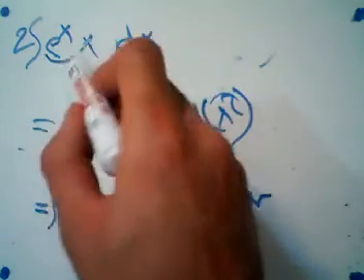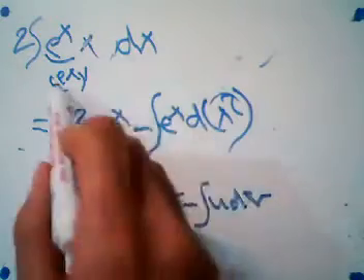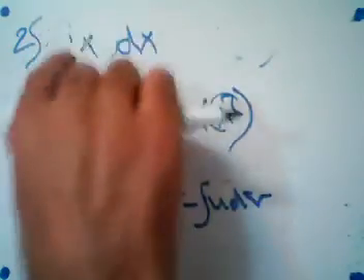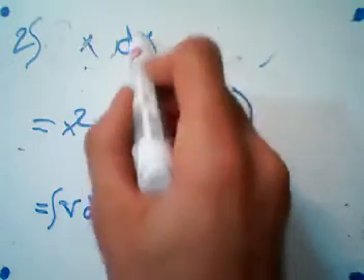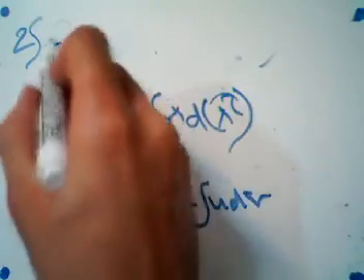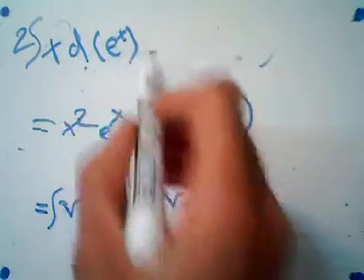Now again, this is the derivative of itself, times dx would be the differential of itself. Let's say x times the differential of e to the power of x.